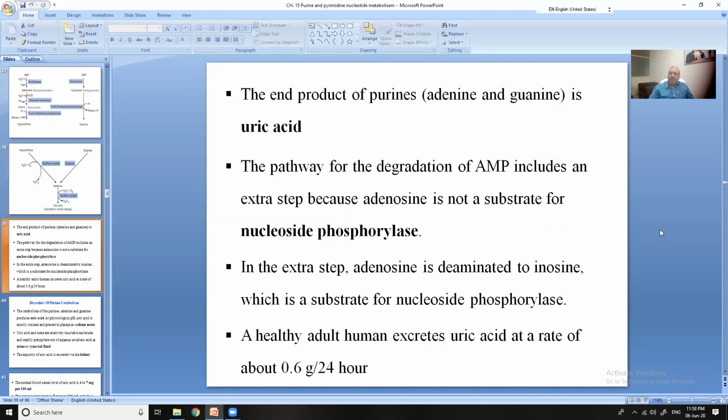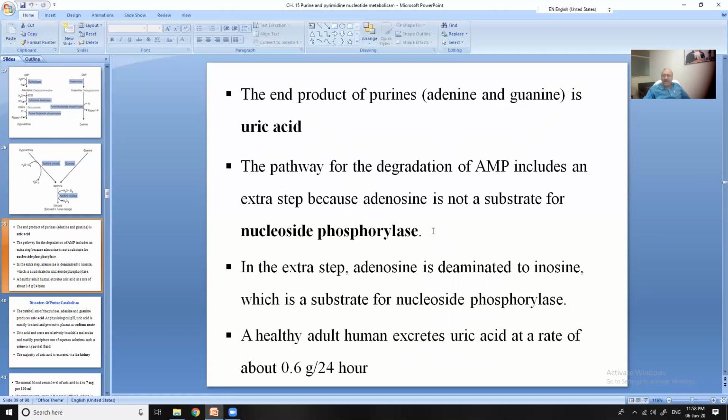The end product of purines is uric acid.